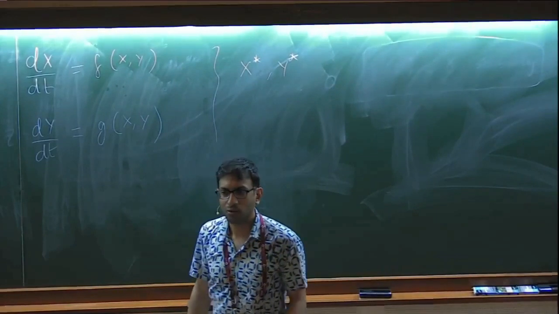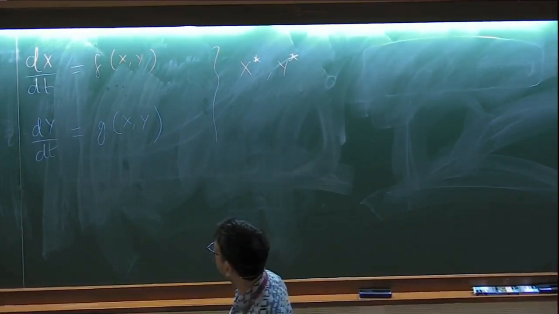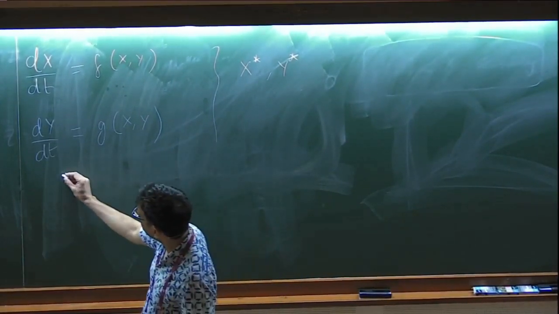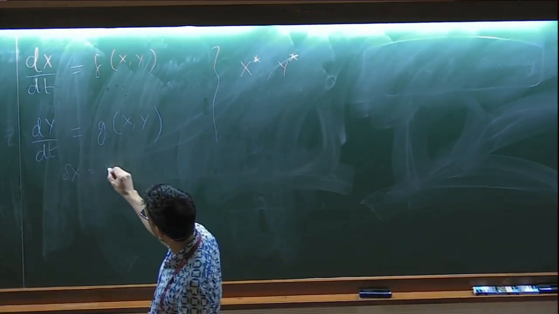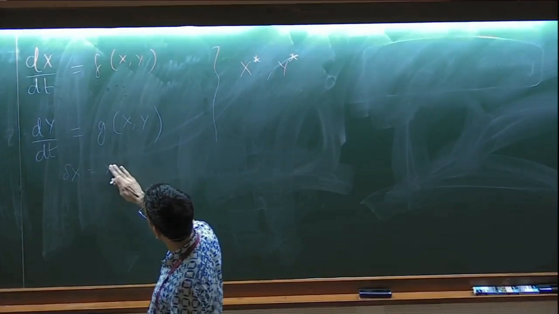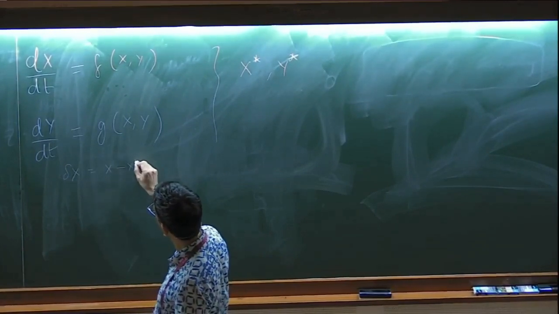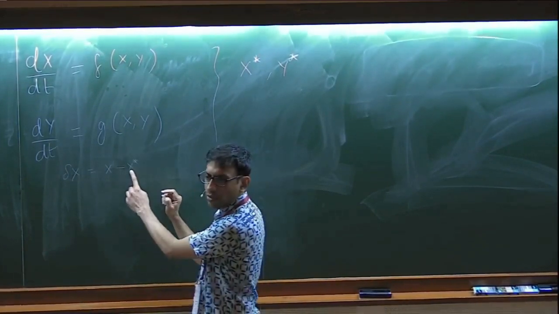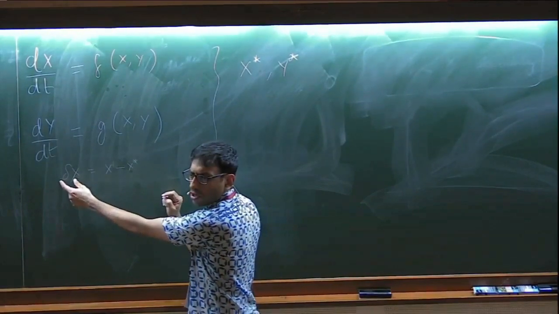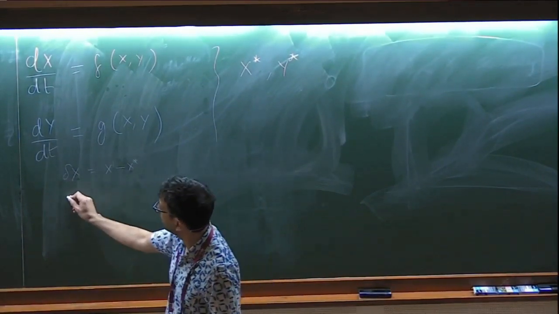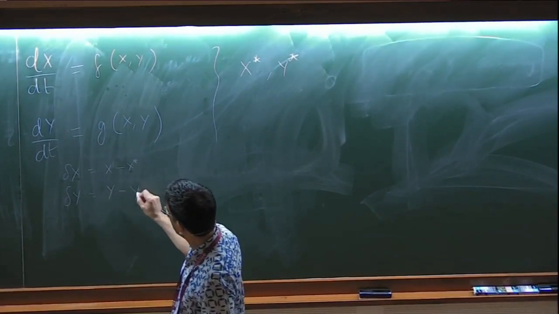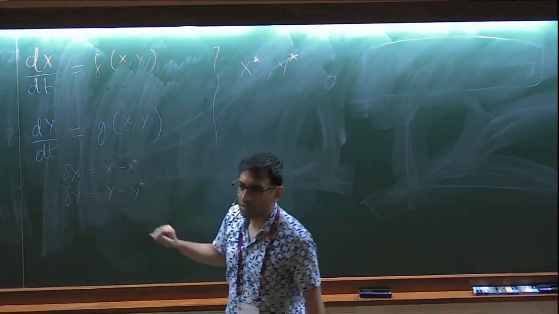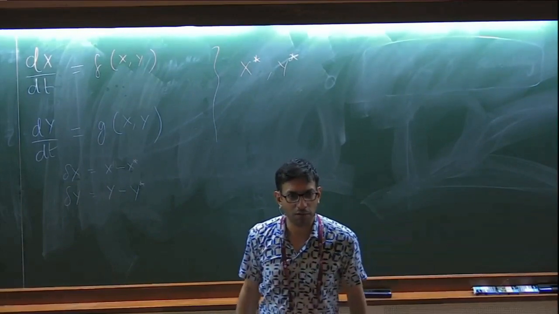In that case, when you're talking about stability, what you want to ask is what happens if you were, so let me define some delta x, which is x minus x star. So suppose your x moves a little away from x star, but not a lot. Let's assume this is quite small. And let's assume the same for y. What happens when you're a little bit away from a fixed point?